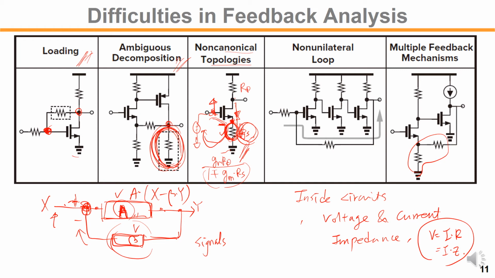Without RS, if RS is equal to 0, if the gate voltage goes up, it will directly affect the drain current. But with the RS, the amount of voltage change will be reduced, compared to RS equal to 0.